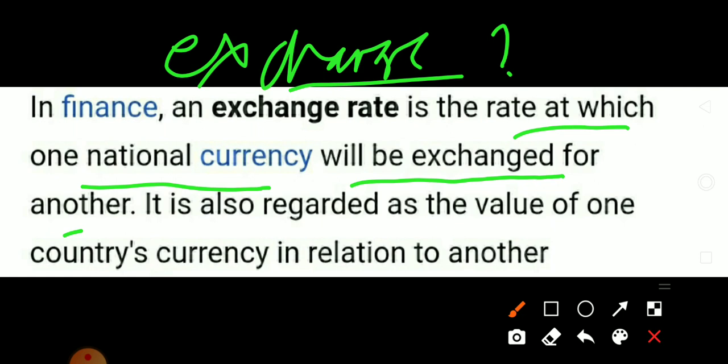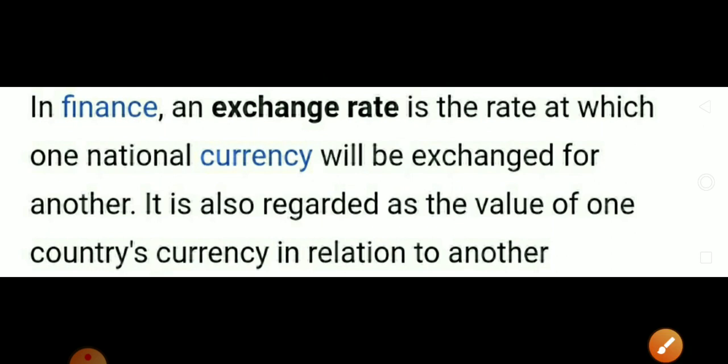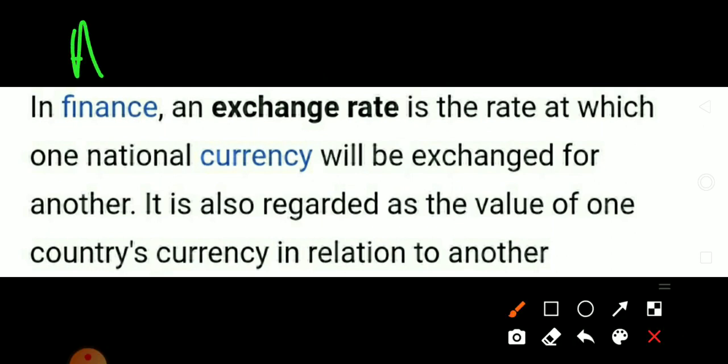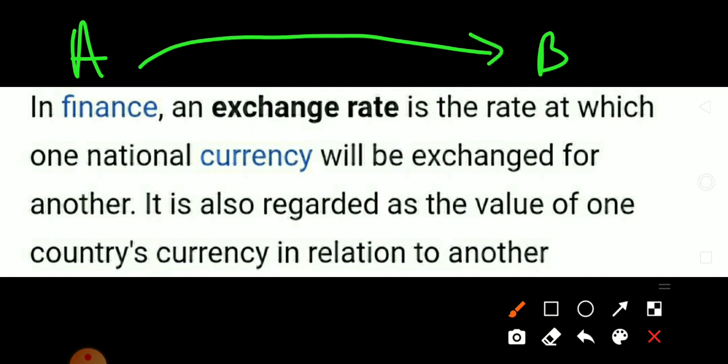That means, for example, A is one country's currency and B is another country's currency. To do business between countries, if someone is going from A to B, he needs to have the same currency to do some purchase or sale.